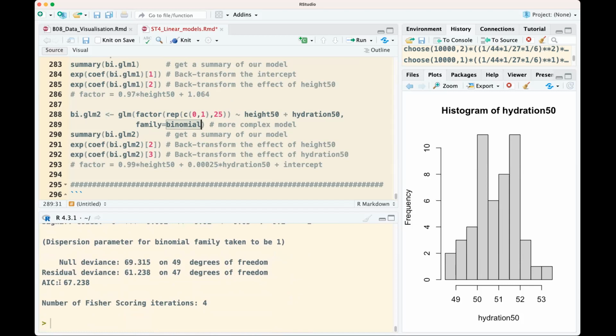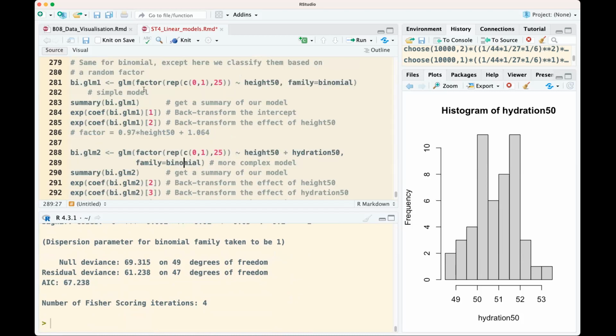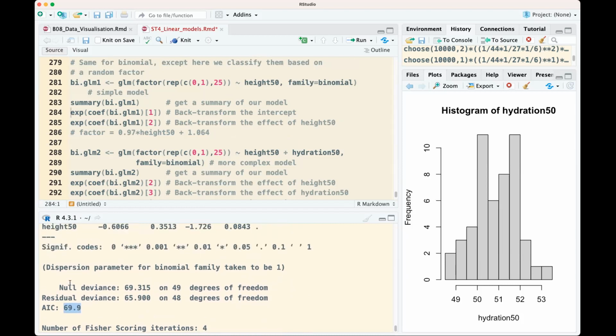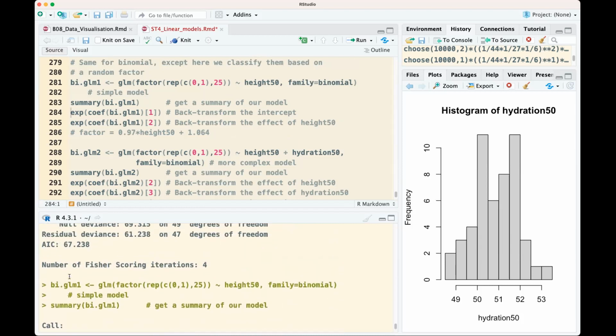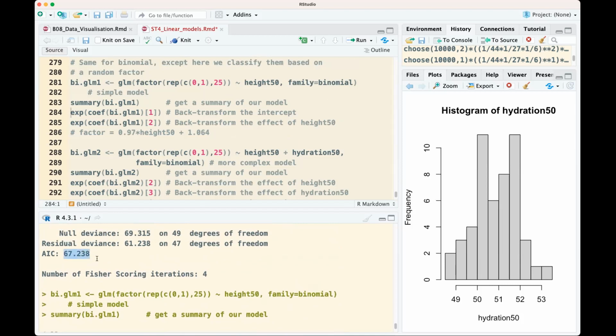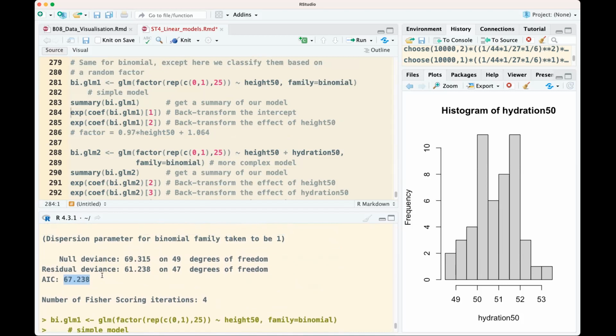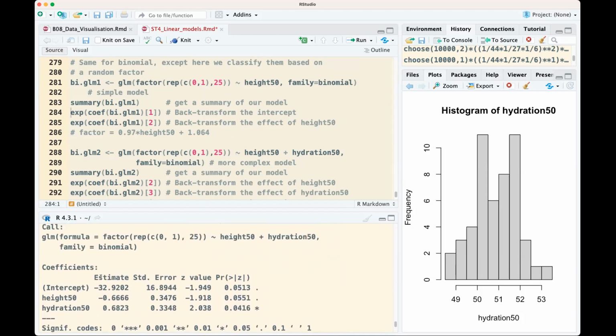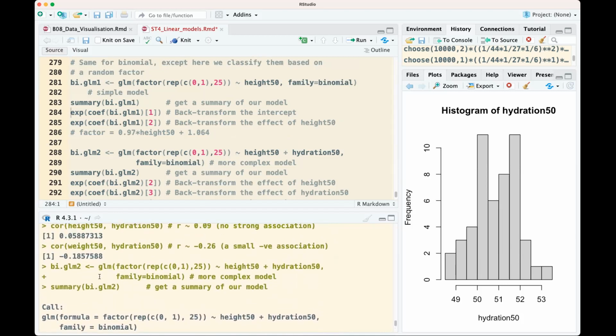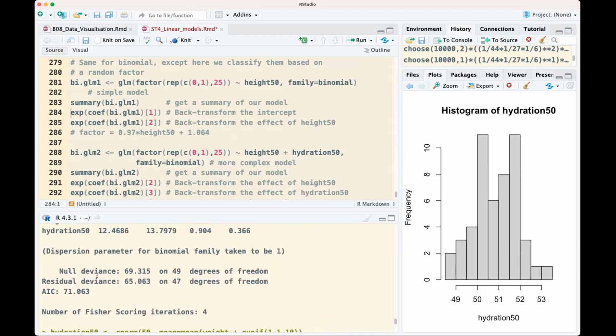We'll also talk about the information criterion, which you get as 67.238 here. If we try this for the simple model, you see that the information criterion is larger at 69.9, and that indicates that this more complex model is more effective because you see a big fall in the AIC value there. The lower it is, the better, essentially the better fitting model, and it includes a penalty for the number of parameters that are present.